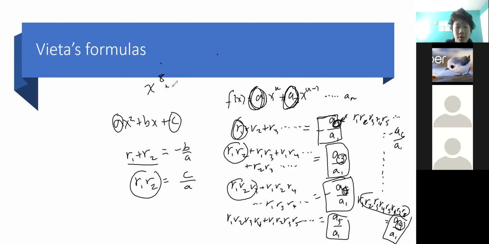Then we have some term with x7 all the way down to x0, which is the constant term. This was a1, this was a2. If you keep going, this would be a9. So generally, if you want to find the product of all the roots, it's the last coefficient over the first coefficient, and you might have to take the negative depending on how the pattern works out. Okay?